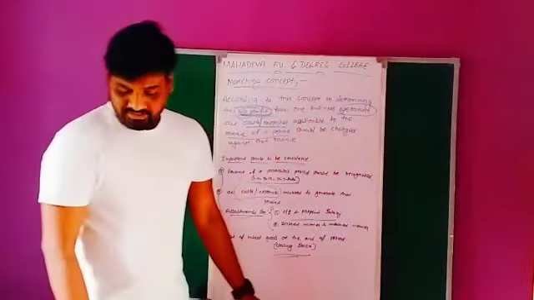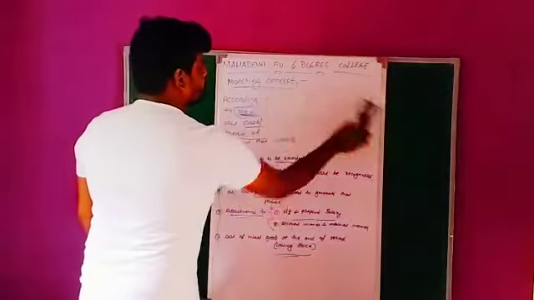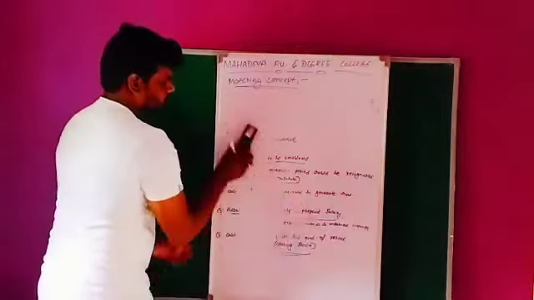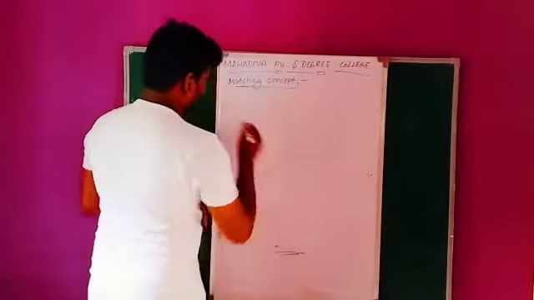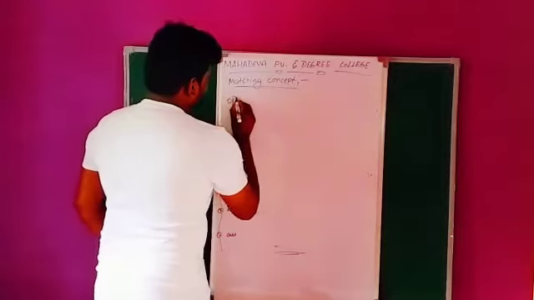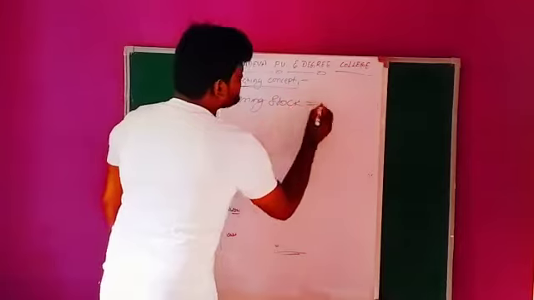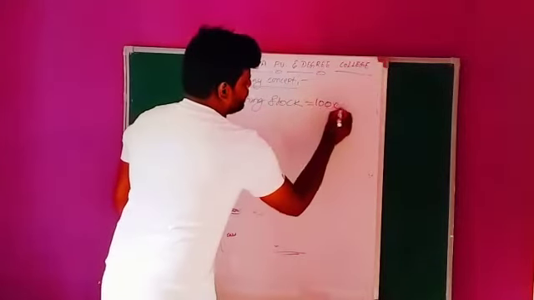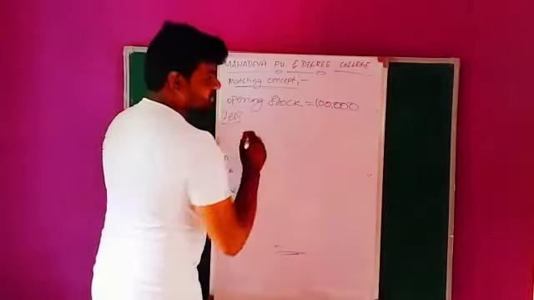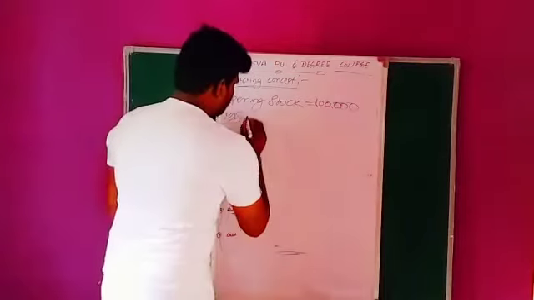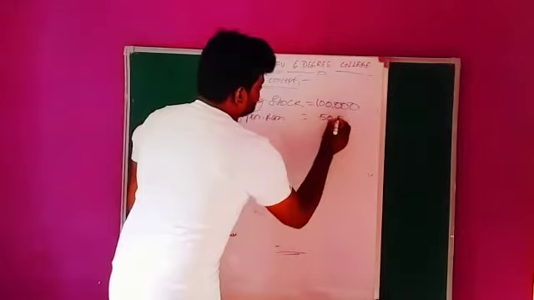Suppose we take one example here. Suppose opening stock in the business organization is 1 lakh rupees. In the business organization we need to purchase some raw materials. Purchase of raw materials we are incurring 50,000 rupees.